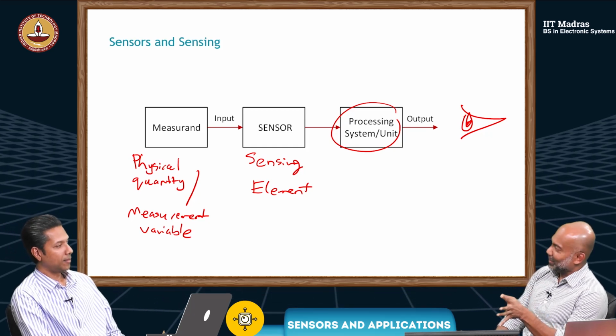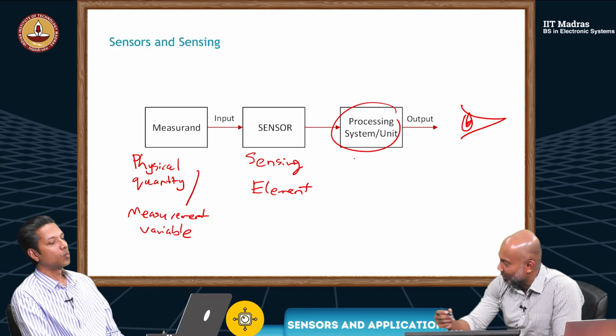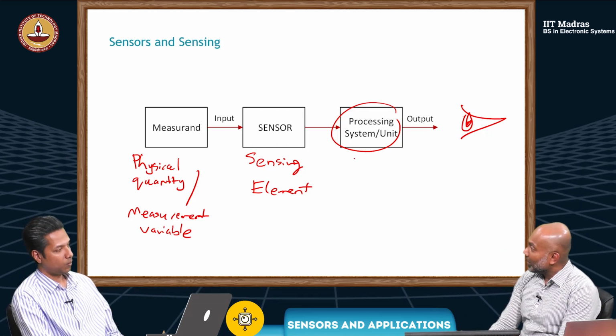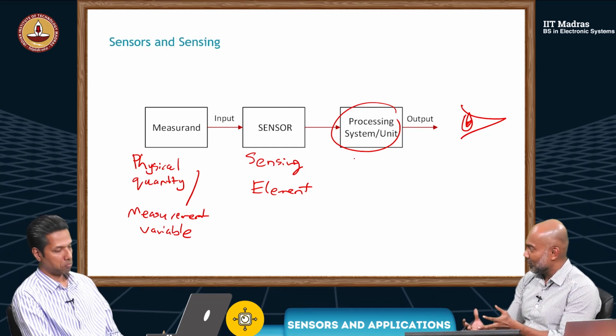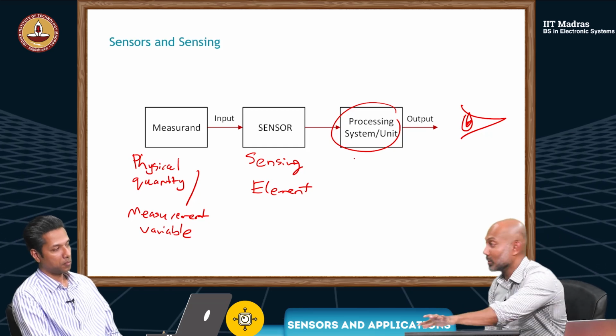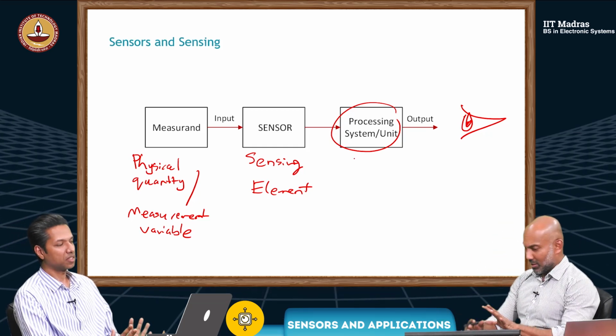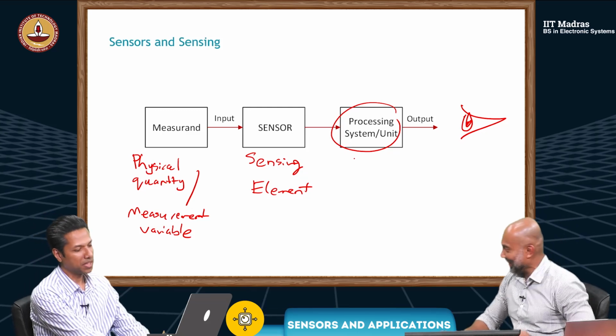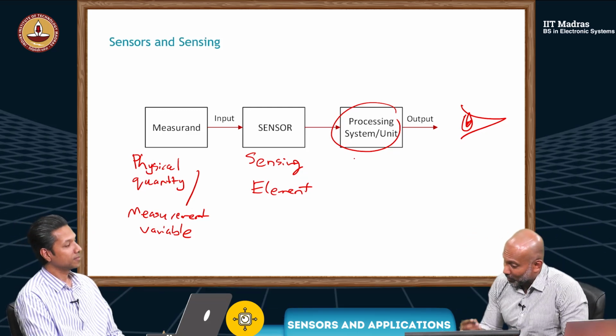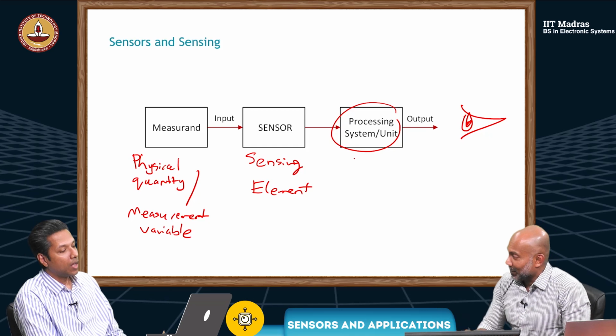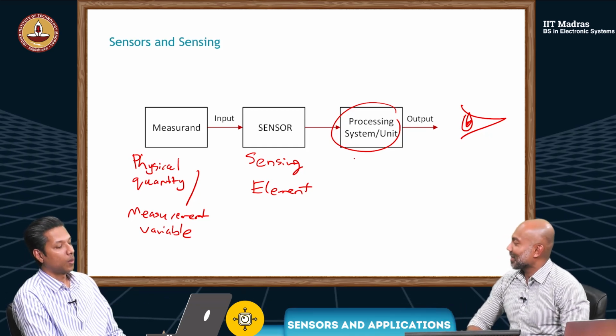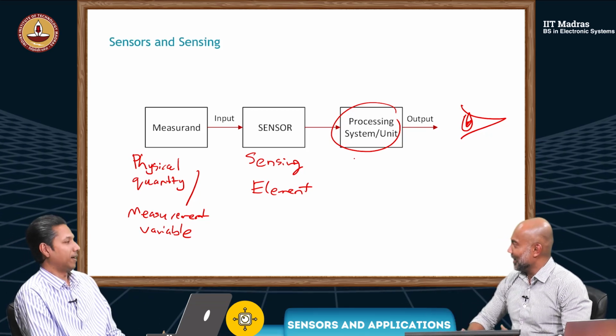You must feed that information to this processing system unit, and then that will convert it to something that makes sense to the observer. Okay, so that's some basic idea, right? But the key point here is the sensing element, because without this you won't be able to really measure anything.